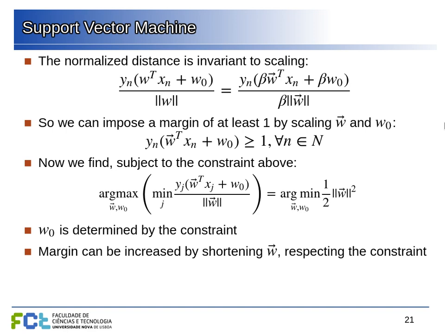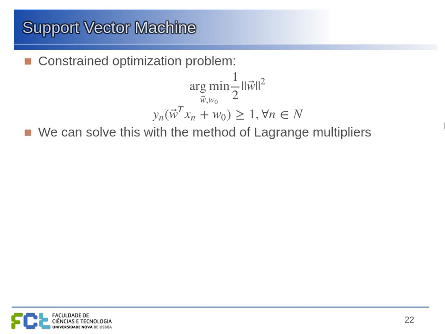As long as we guarantee that this constraint is fulfilled, this is important. If we manage to minimize as much as possible the size, or the square of the size, of our vector, then we find the optimal place of our frontier, our discriminant. So now we have a constrained optimization problem. We need to find the minimum of that function, the square of the size of the vector, subject to this constraint.